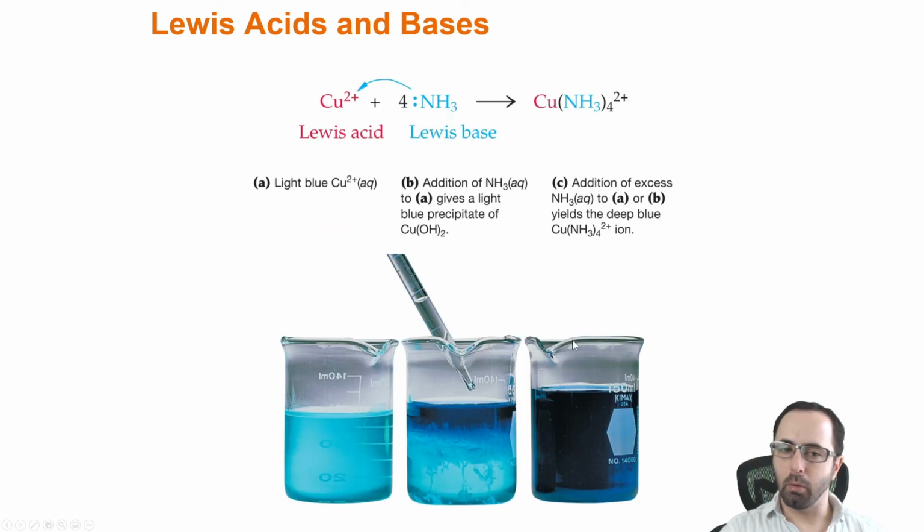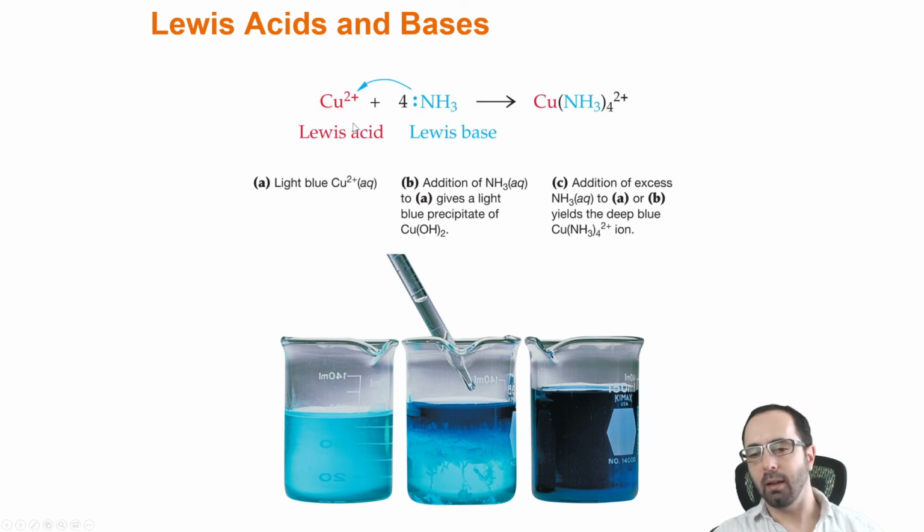Here's another example of a Lewis acid base reaction. We already consider ammonia as a base, but the way it's behaving as a base with this copper ion, which is the Lewis acid here, is that it is donating its electron pair directly to the copper.